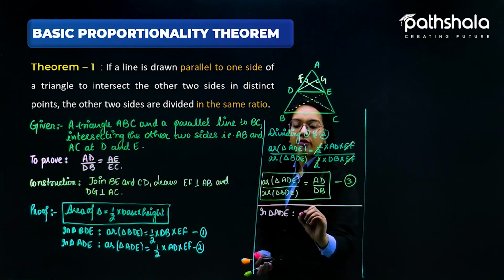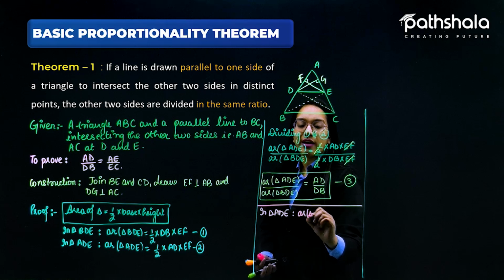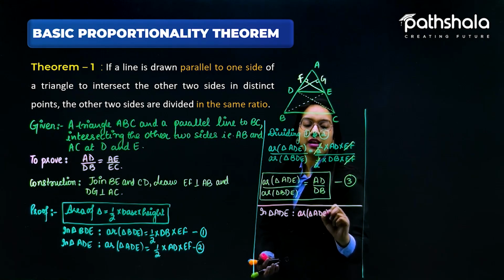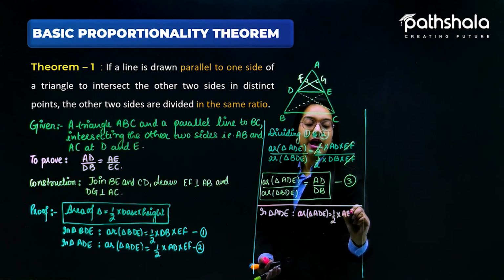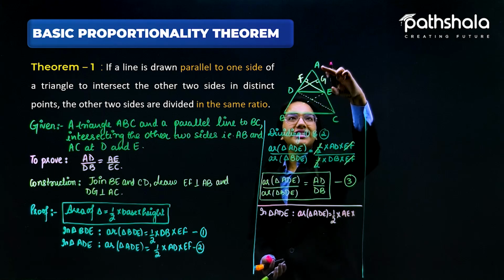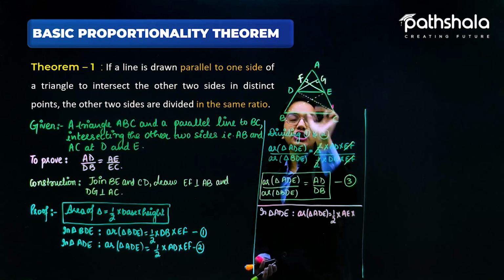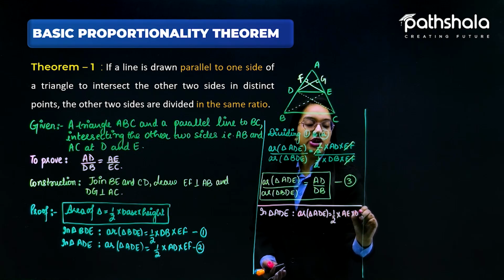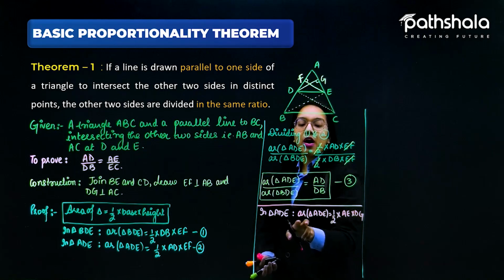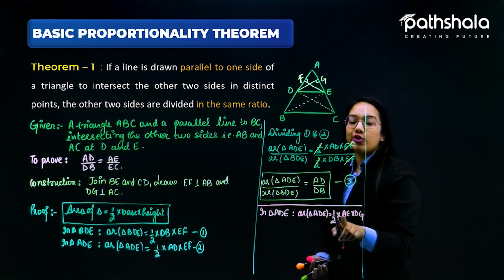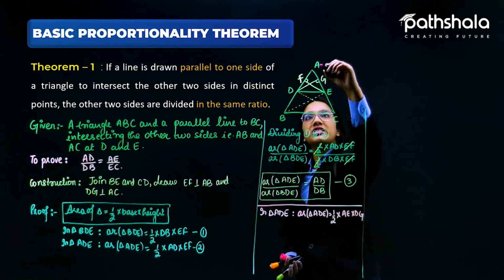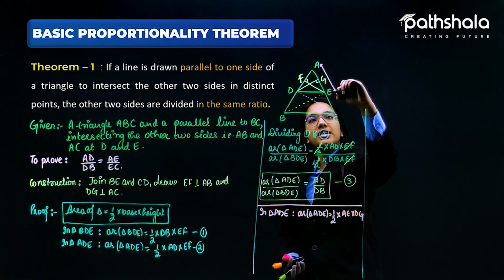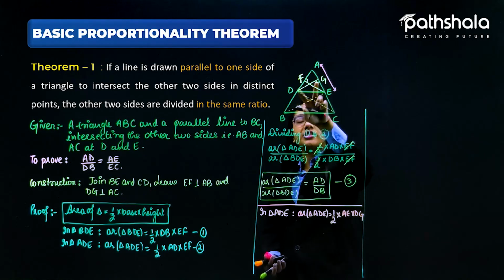So the area of the triangle ADE is half into base, and now I am taking the base as AE. If the base is AE, then its height is nothing but DG. So the area of the triangle ADE is half into AE into DG. As you can see, this is the base, and the height is DG.